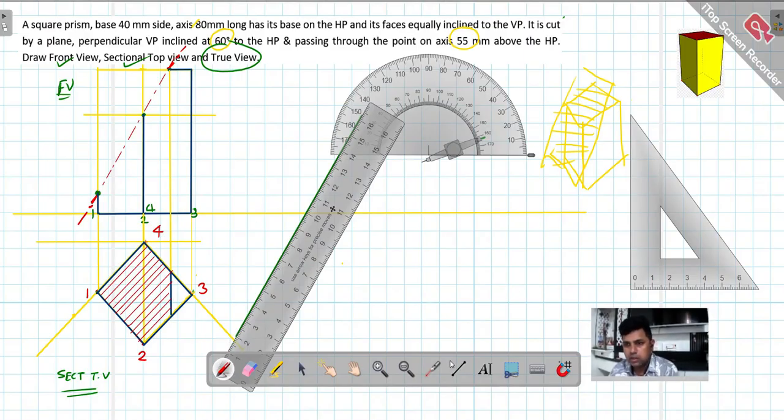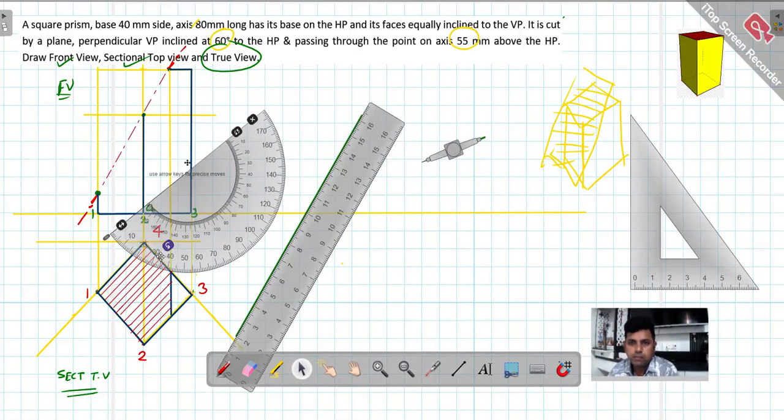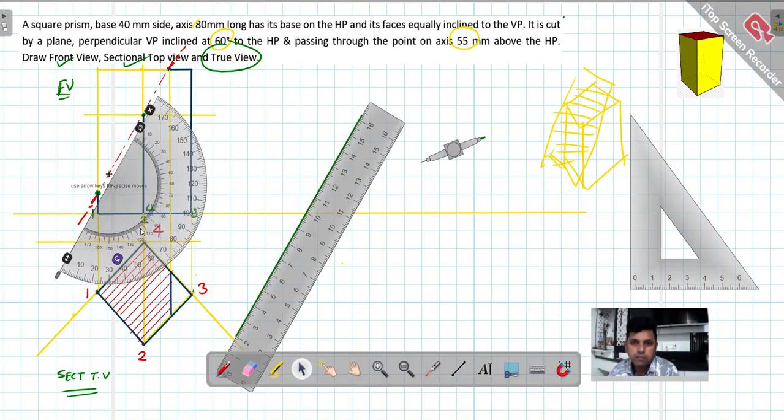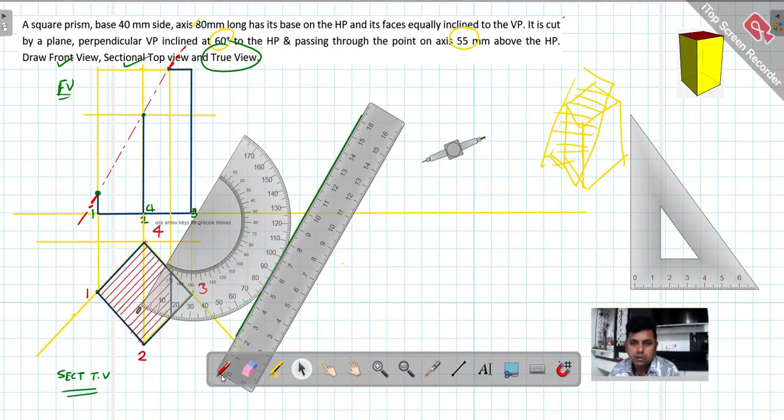Now I will again take perpendicular lines from the points. Which points? I'm taking here 2 points. Let us label it. I have not labeled it yet. Let us say this is A, this is B, this point is C, and this point is D.